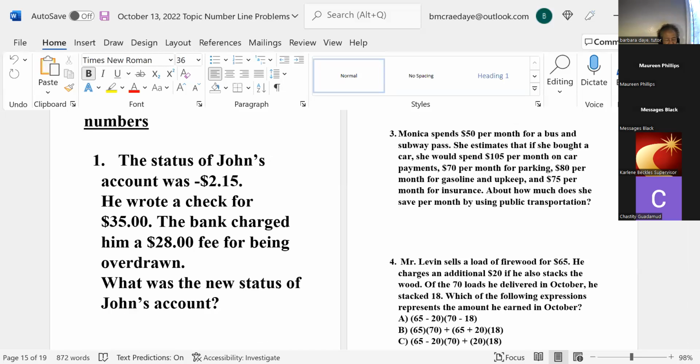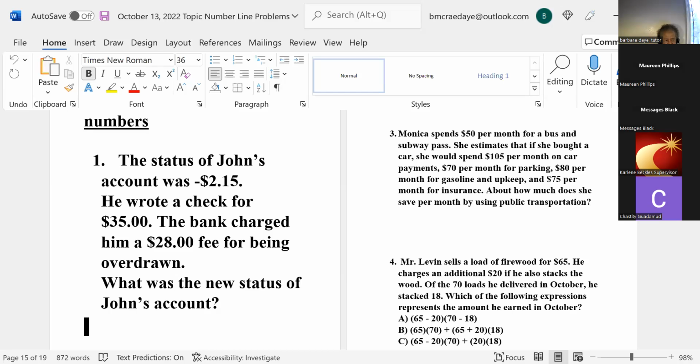Okay, Mercedes, you understand what she just read? John's account was $2.15. He wrote a check for $35. That means he did an overdraft. Well, it was a minus $2.15. Don't throw away these negatives.